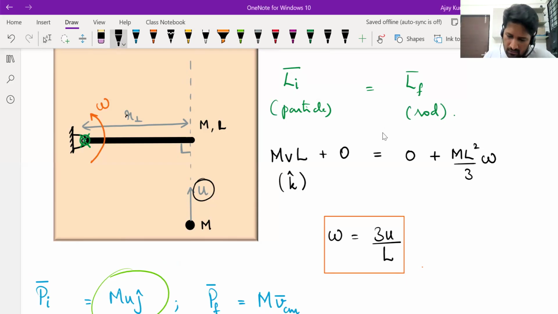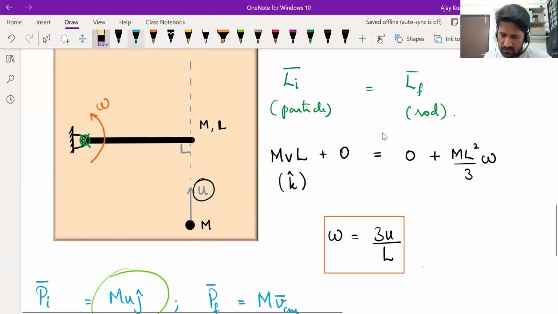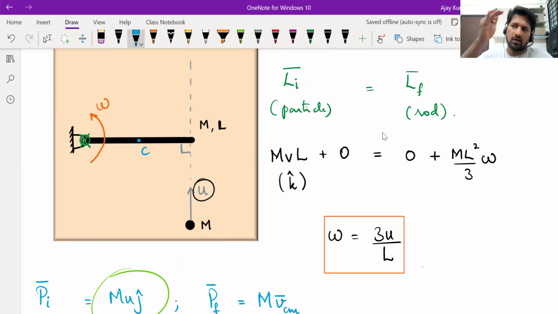R is the radius of the circle in which that particular point rotates. Now we are interested in center of mass velocity. So visualize the center of the rod, C. Just after collision, the rod rotates anticlockwise. So the center of mass will have a tendency to follow this path. It means just after collision, the center of the rod will be moving this way.